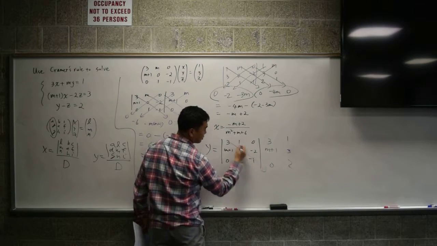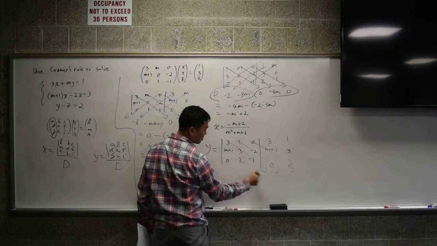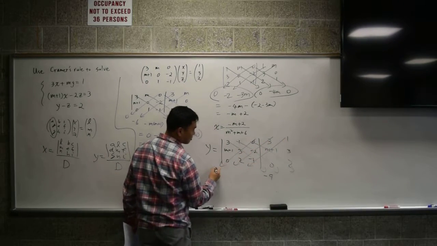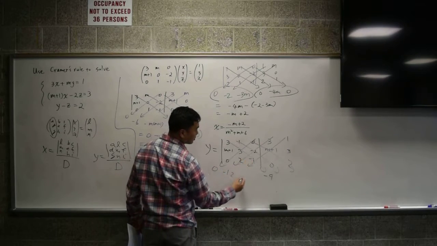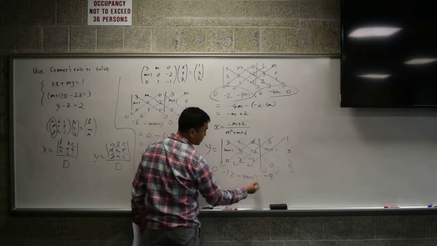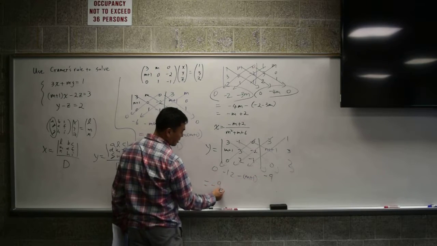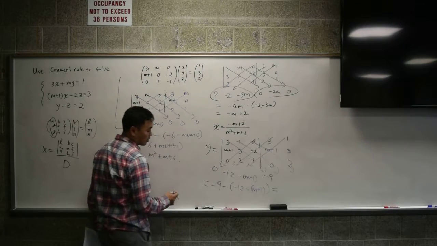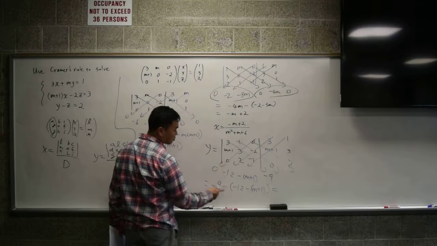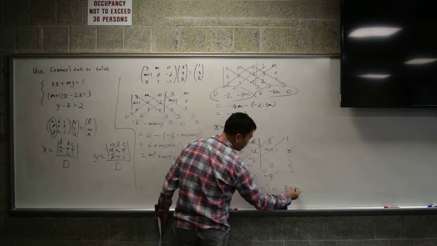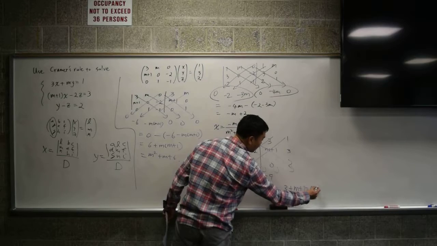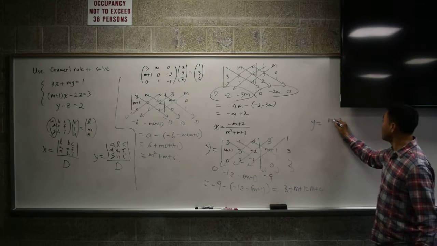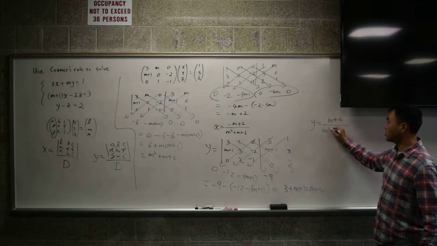Do this, this, this. These are zeros, but this one is negative 9. This, this, this. Okay, so this is 0, negative 12, negative m plus 1. And then right minus left, so you get negative 9 minus negative 12 minus m plus 1, which is negative 9 plus 12, that's positive 3, plus m plus 1, this is m plus 4. Therefore, we have y as m plus 4 over m squared plus m plus 6.